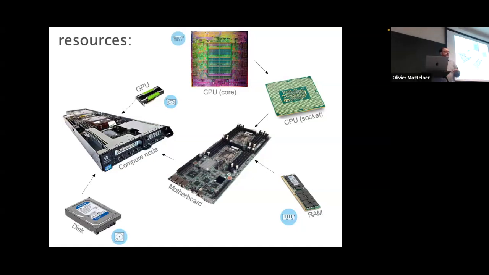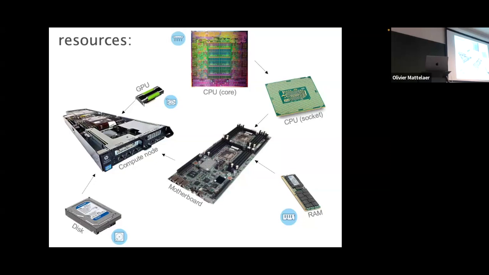It's the main circuitry inside the computer on which all the resources are plugged. What provides the compute power is mainly the CPU. This is a CPU socket which is plugged in here, and inside here we have multiple CPU cores, and each core is capable of computing.